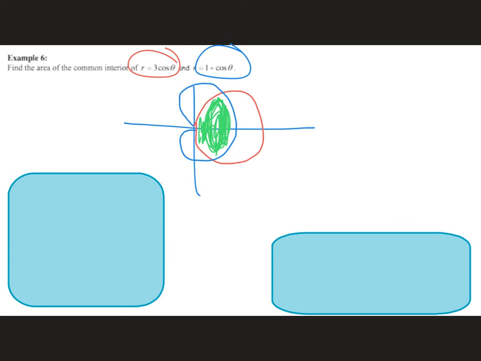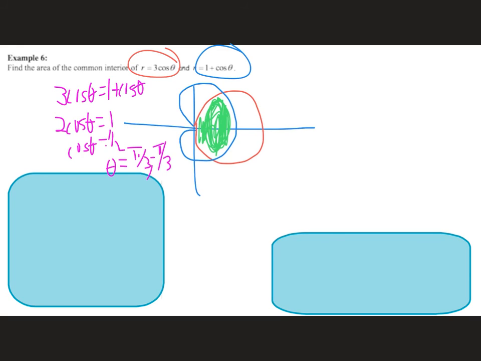Well, let's see where these things hit. So we've got 3 cosine theta equals 1 plus cosine theta. That's going to be 2 cosine theta equals 1. Cosine theta equals 1/2. Theta is going to be pi over 3, and then also in the fourth quadrant, so negative pi over 3. Because if I go backwards, so pi over 3 and negative pi over 3.